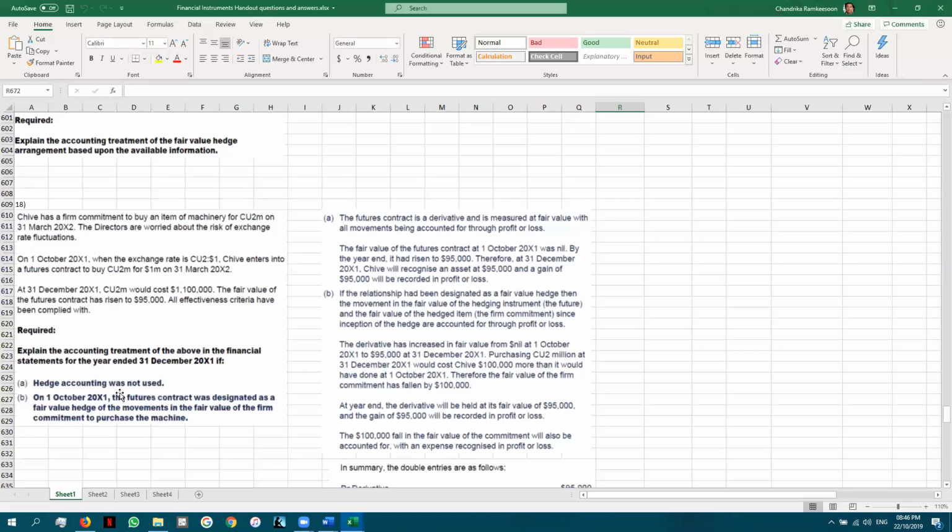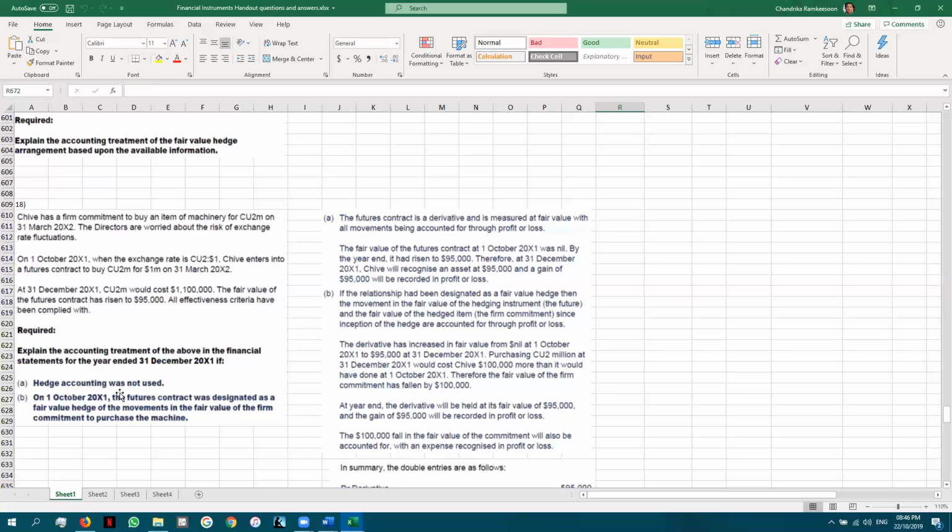You know what they do then. In other words, you see, investors, stakeholders, and users of accounts may be of the opinion that things aren't going well at all if there were losses recorded on the derivative transactions.